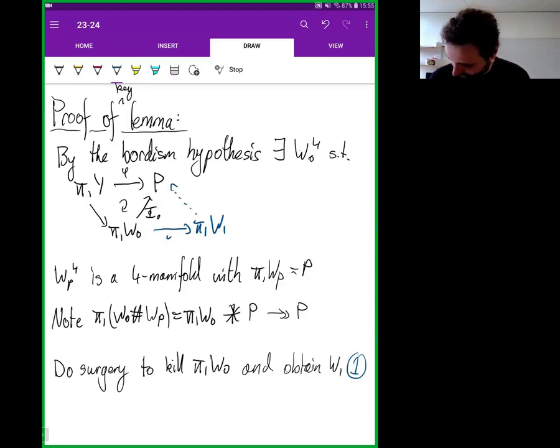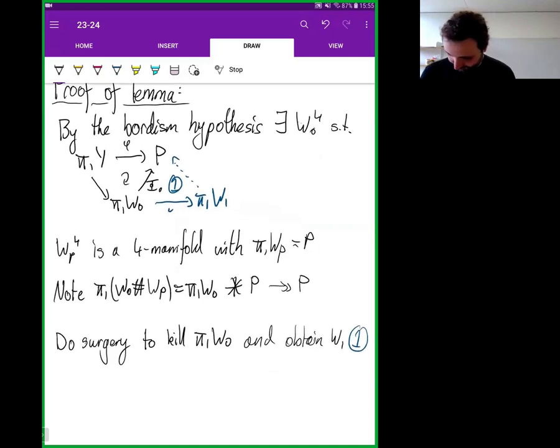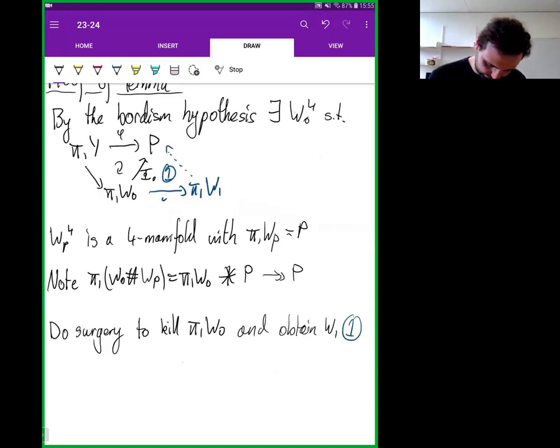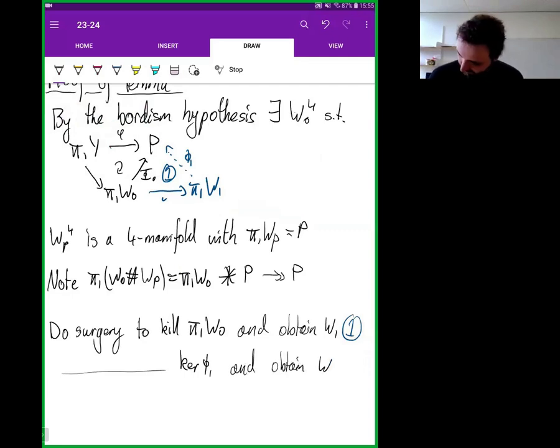Yep, that's all good. And then we're going to do the same thing. We're going to kill the kernel of phi 1, which is this map here. That's where I put the label. So we have this map, we've called it phi 1. We're going to do surgery again to kill the kernel of this thing, and obtain some manifold W and an isomorphism phi.